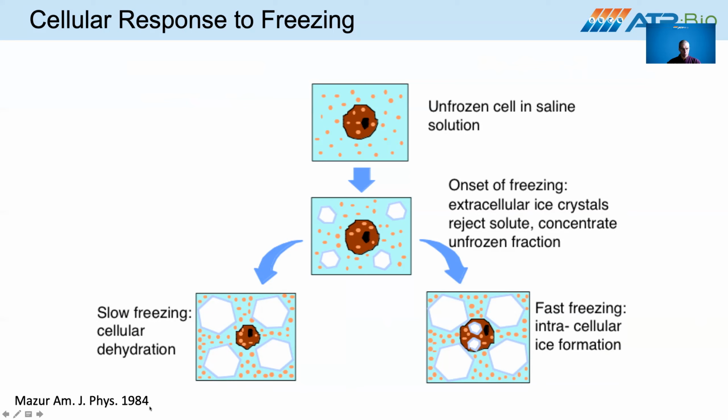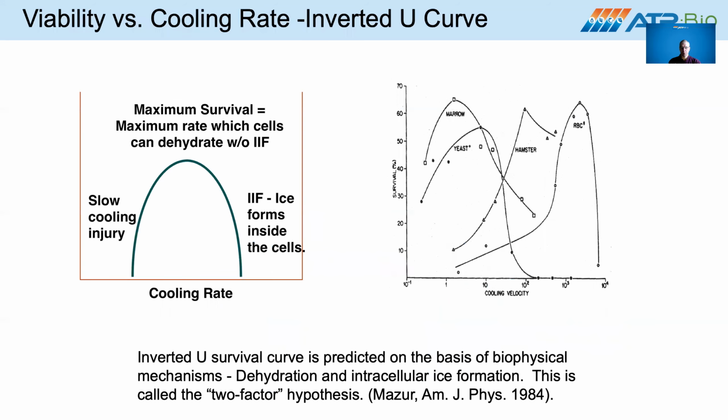Peter Mazur really is the one who talked about these competing biophysical processes, and is considered the grandfather of the field. What he pointed out in his American Journal of Physiology paper is that if you look at survival versus cooling rate, there's an optimal rate for every type of cell you work with, and it can span a variety of logs of cooling rate, degrees C per minute.